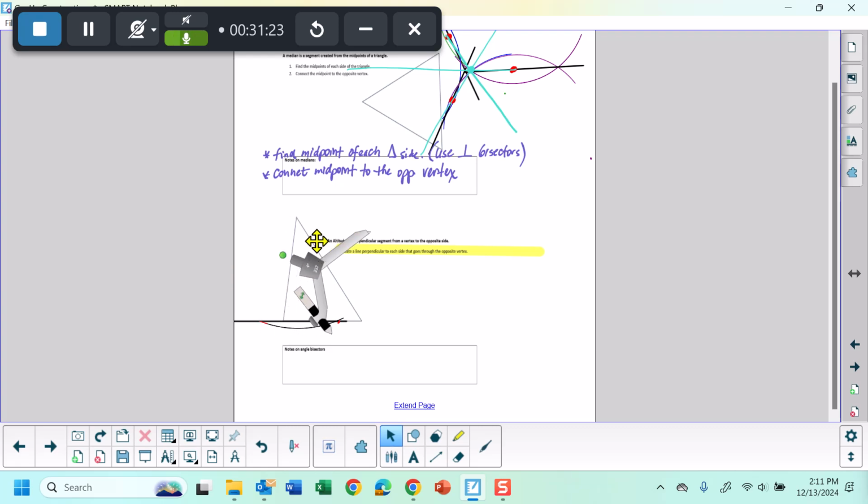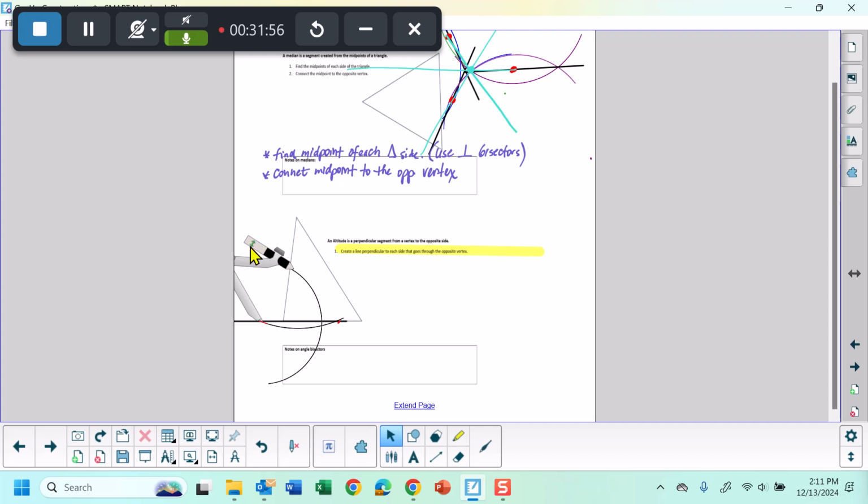I'm going to put my sharp on each intersection. I'm going to extend my compass so it's a little more than half, and I'm going to draw my arc above and below.